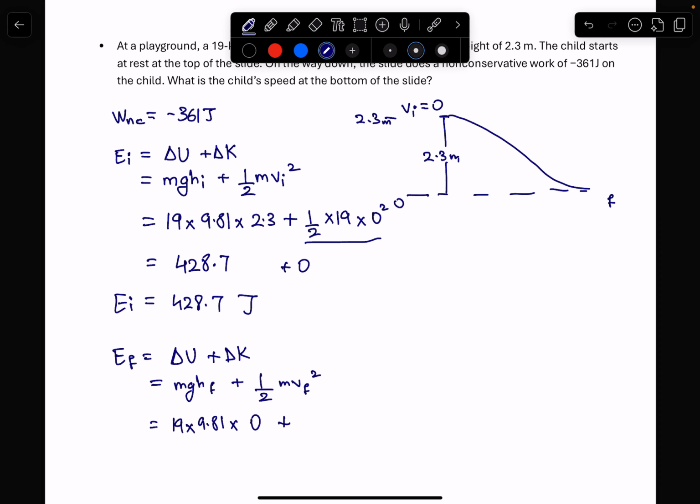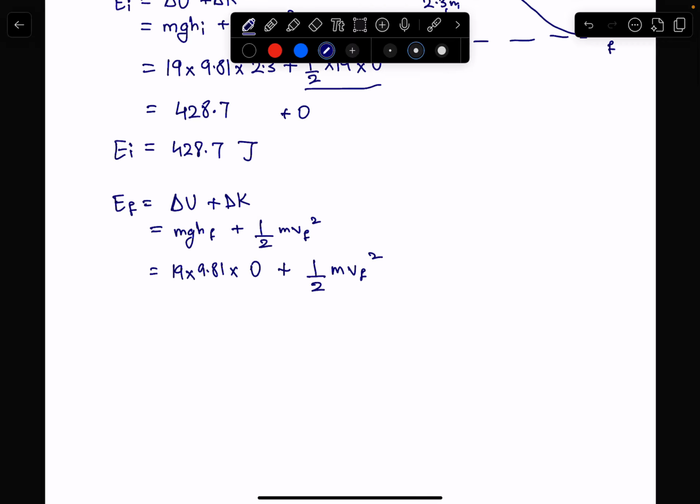So 0 times mgh. We don't know the final velocity, right? So this becomes 0 plus half times 19 times vf squared, which is 9.5. Yep, 9.5 vf squared is my final energy.